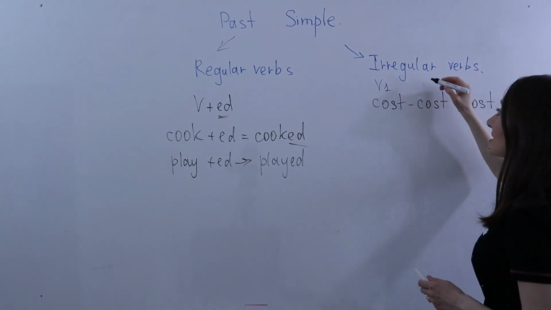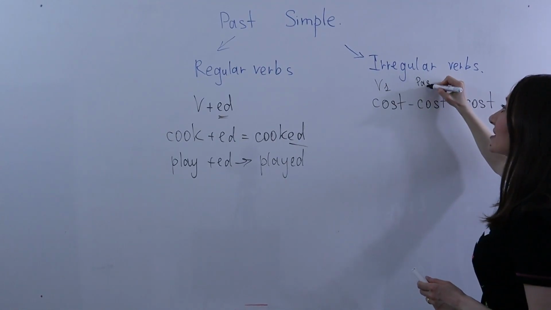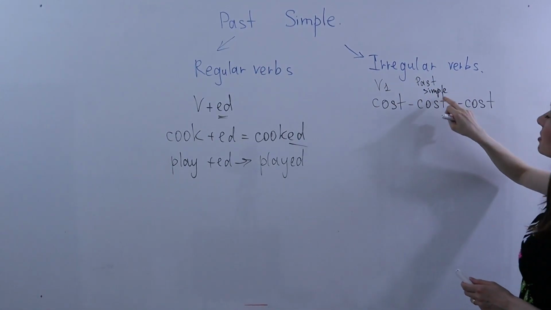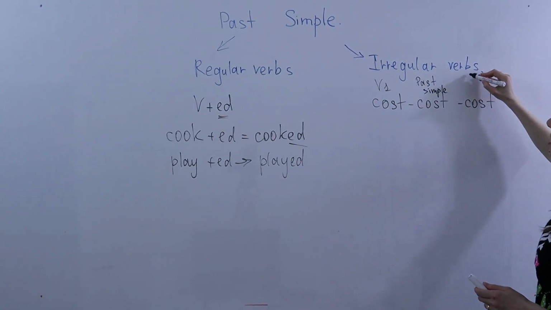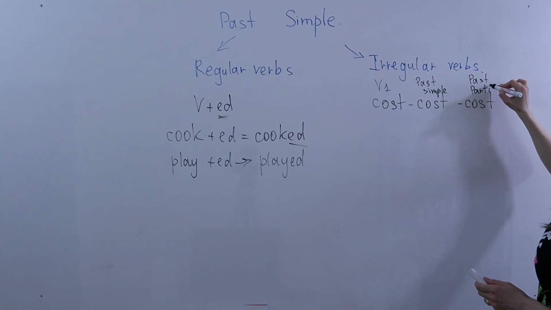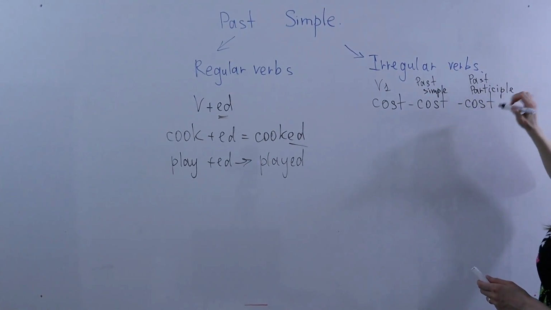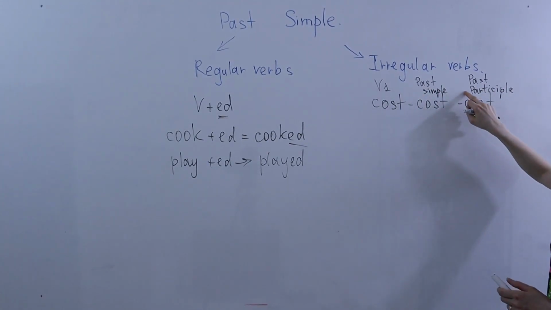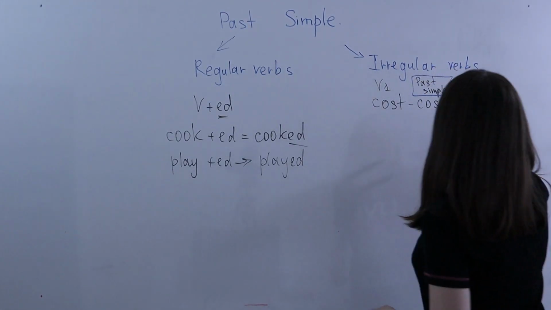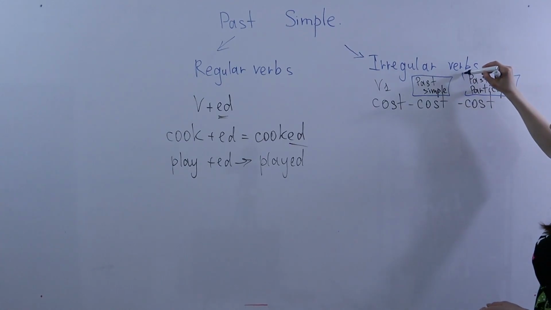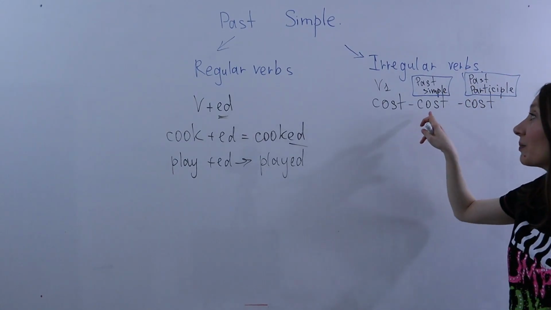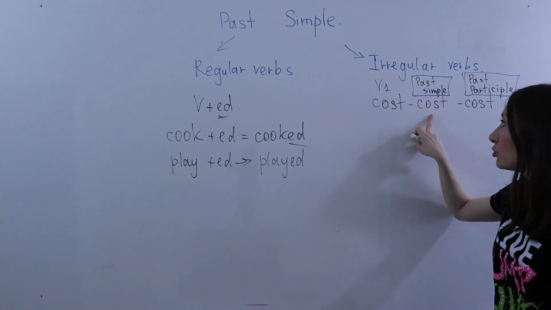This is the second group, we call it past simple, and number 3, it is past participle. So we call them number 2 past simple, number 3 past participle. To make past simple, you just have to remember this second group.